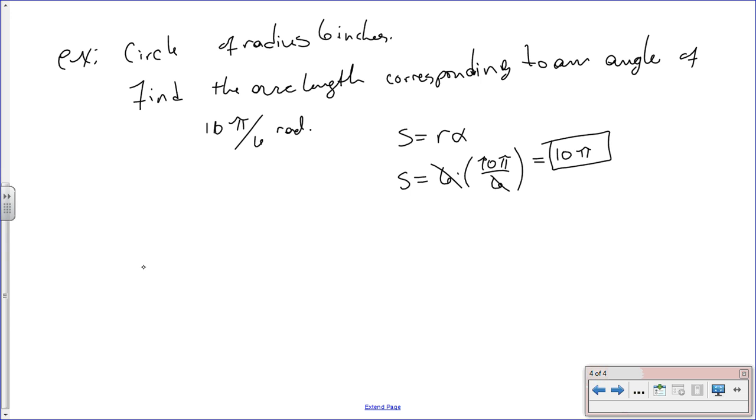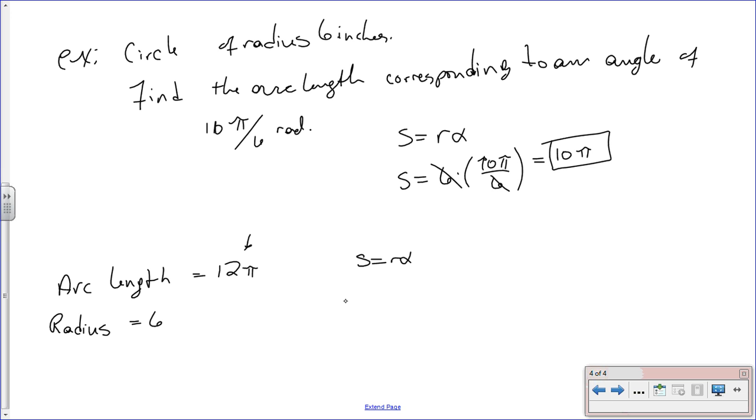Now let's look at another problem. Say our arc length, this is where we're going to work it backwards, equals 12 pi, and our radius equals 6. What is our angle? Well, we know that S equals R alpha.